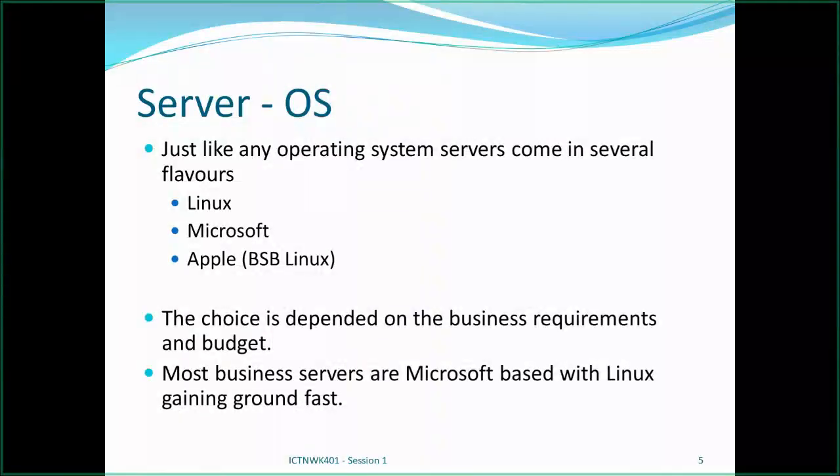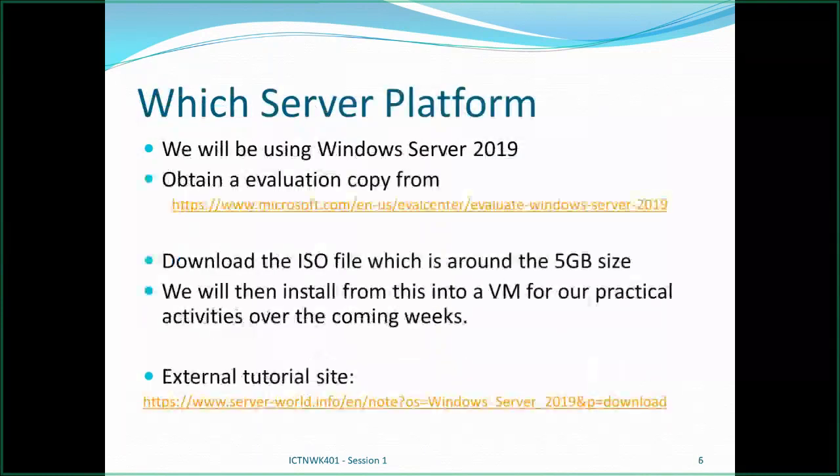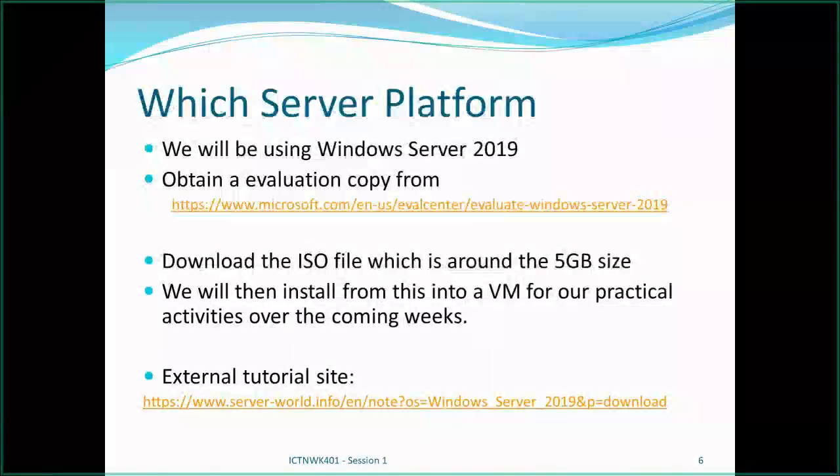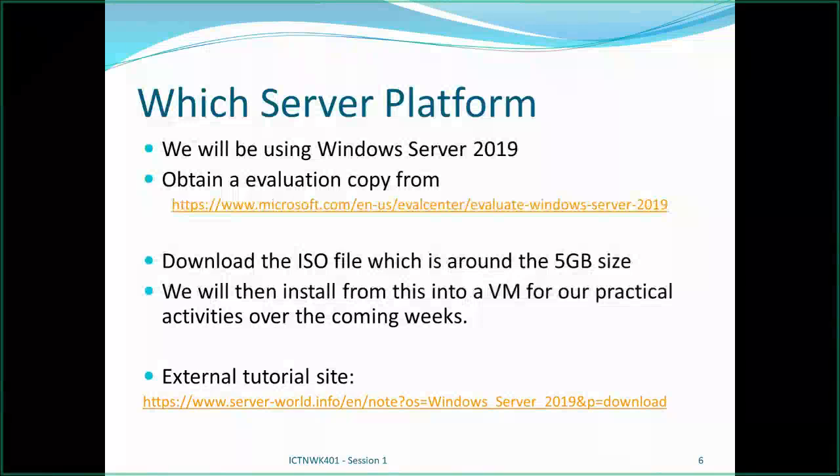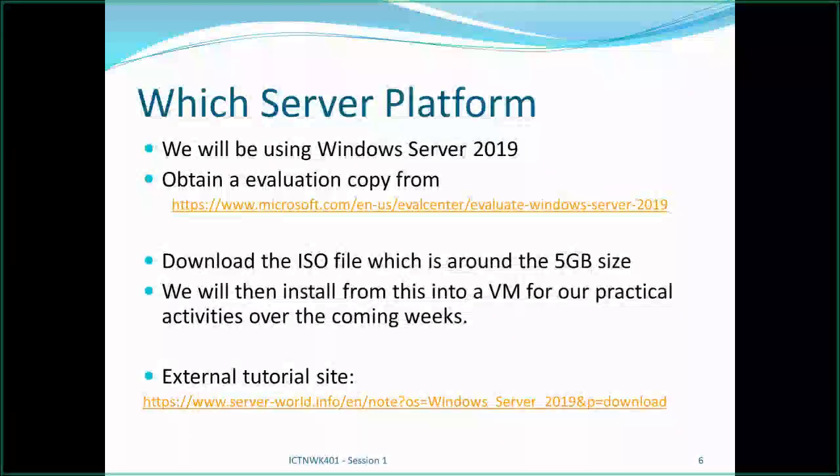So where can you get a copy of Windows Server 2019? You can go to Microsoft Evaluation Windows Server 2019 and download the ISO file, which is about 5 gigabytes, not gigabits, in size, and then download and install it on a VM platform such as VM Player.